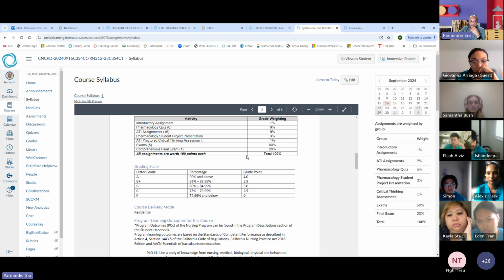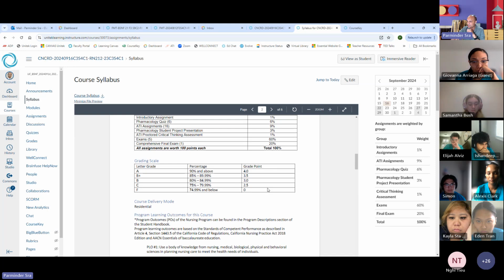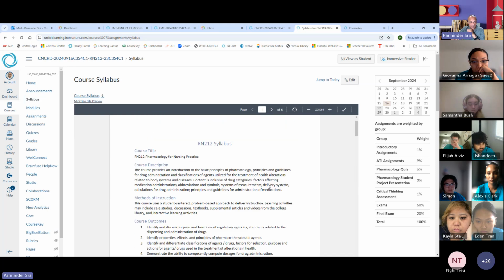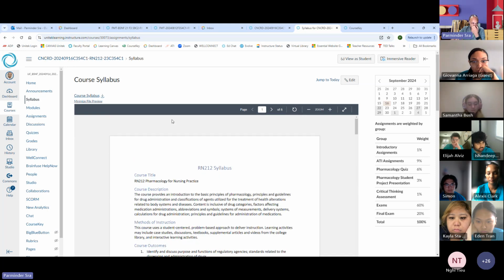I'll do that, and that is 1%. And then exams are 60%. Okay, your final exam is 20%. So these are big chunks. Make sure you maximize the grades on each and every assignment and exam you have. Fight for every single point, because it will be crucial.